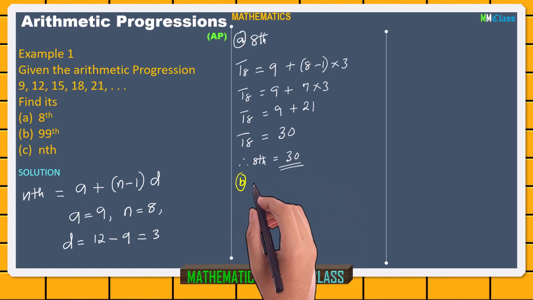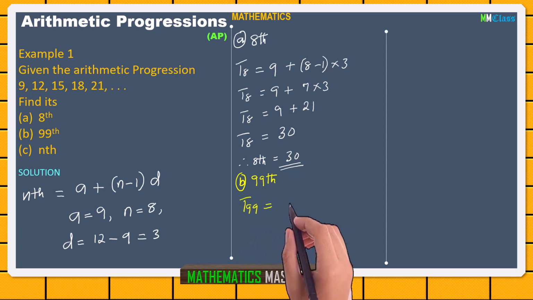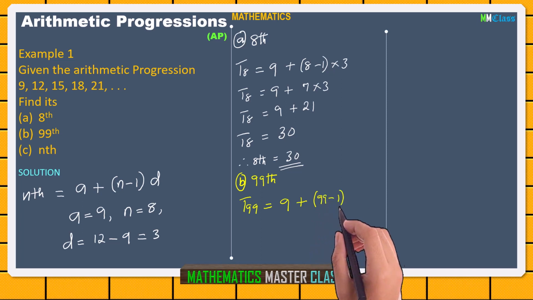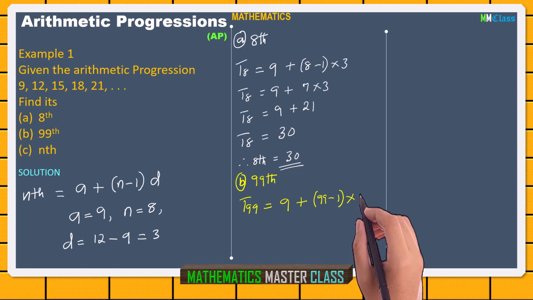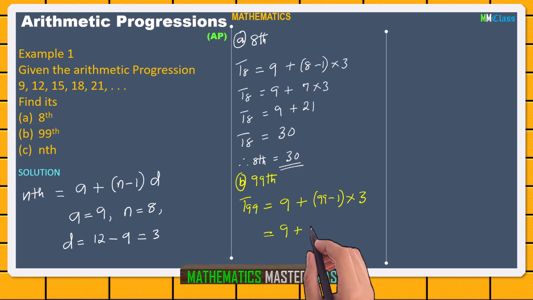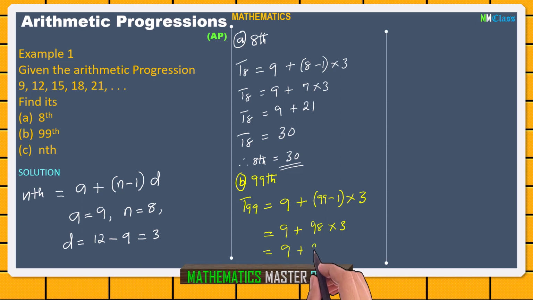The B part, we are looking for the 99th term. T99 is equal to, from the question, our first term, 9, plus (99 minus 1) times the common difference, 3. 99 minus 1 gives us 98, and 98 times 3 gives us 294.